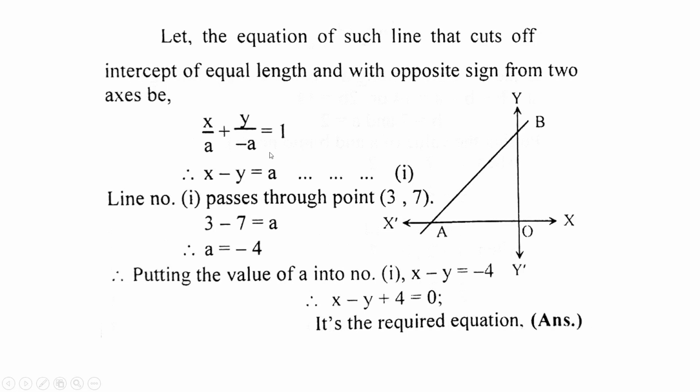After calculation, we get x minus y equal to a, which is equation number 1. Line 1 passes through the point (3, 7), that is 3 minus 7 equal to a. So the value of a equal to minus 4. Putting the value of a in equation 1, we get x minus y plus 4 equal to 0. It is the required equation.